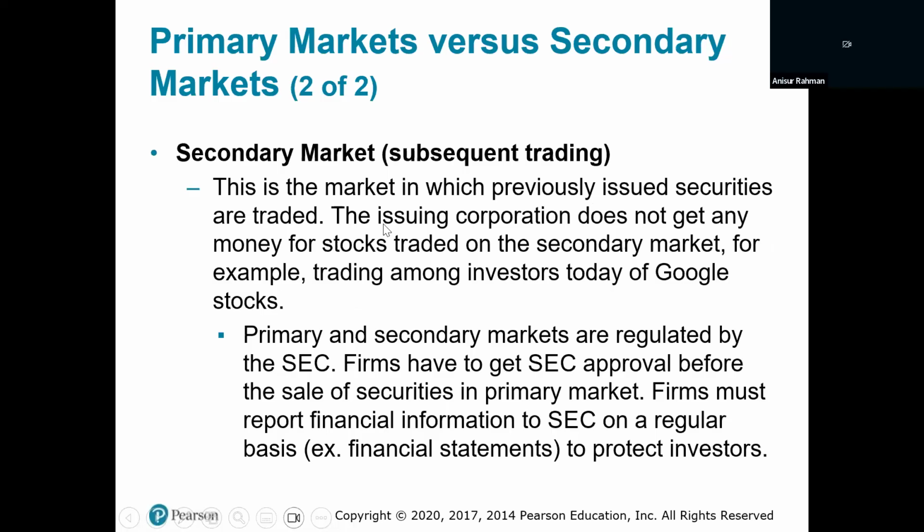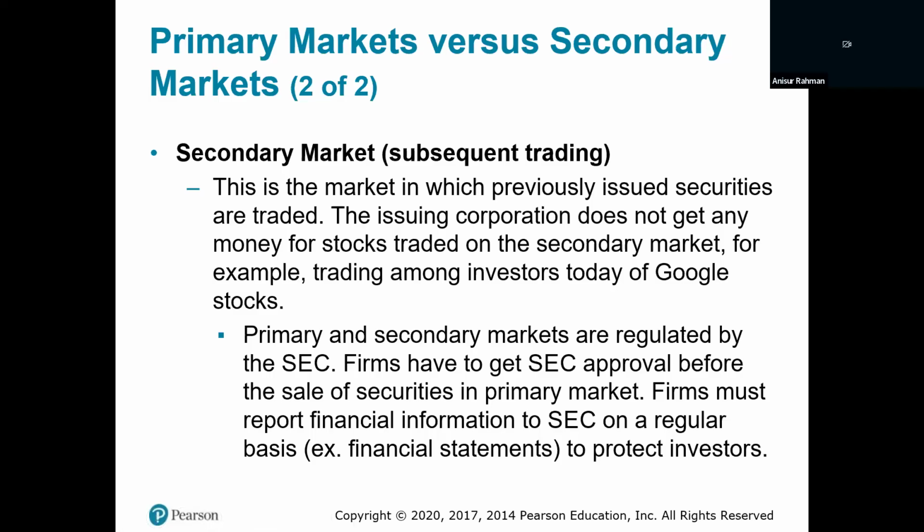Now, secondary market is where people like you and I trade, right? We can go to Robinhood or any other trading platform and buy or sell, buy from another investor or sell to another investor. So secondary market is where ownership changes hands. That is one way to remember it.